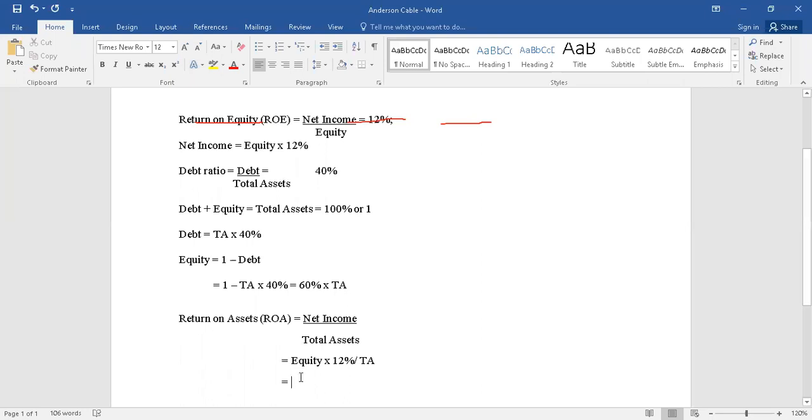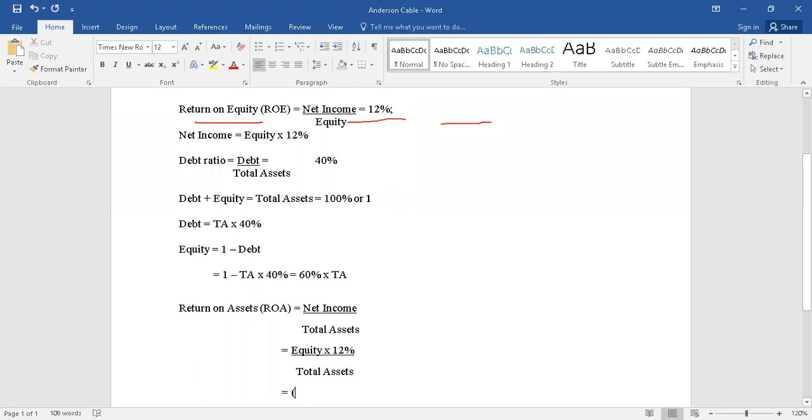So in place of equity, let's substitute that equity is equal to 60% of total assets.